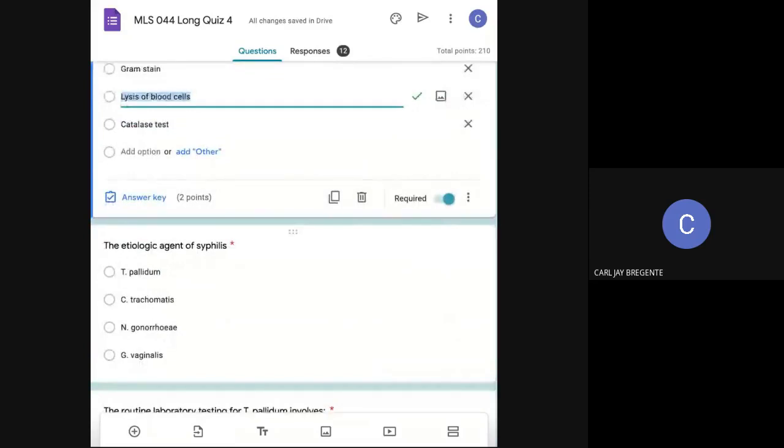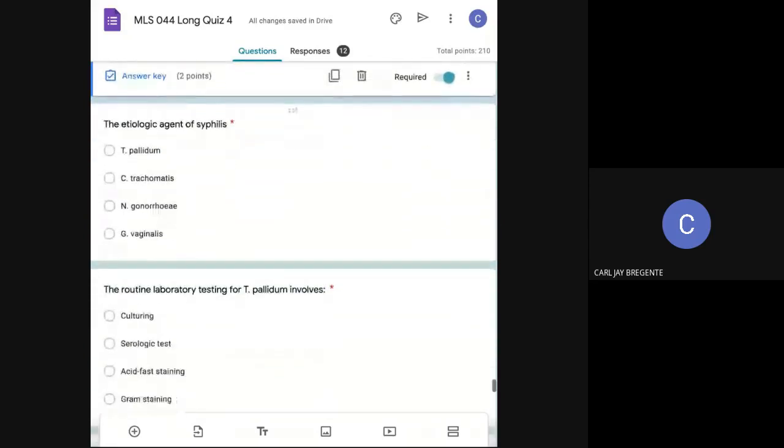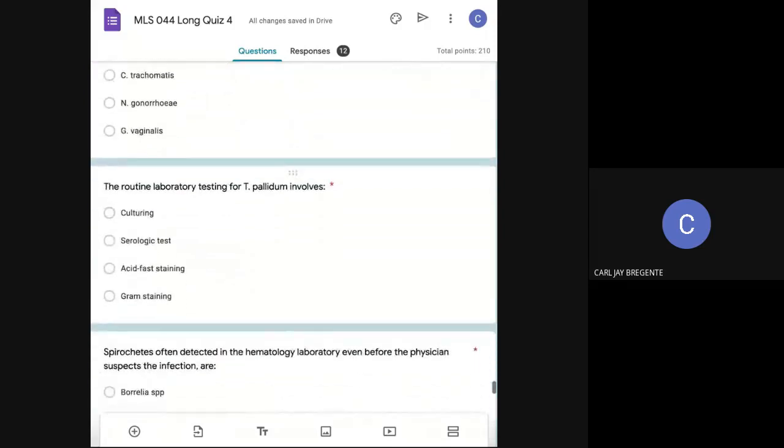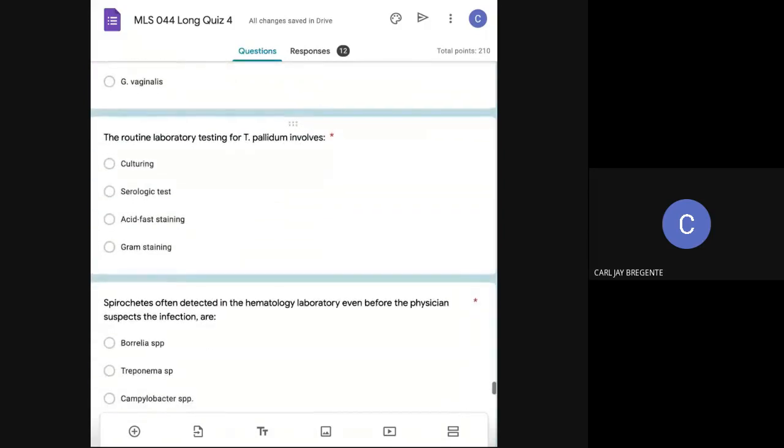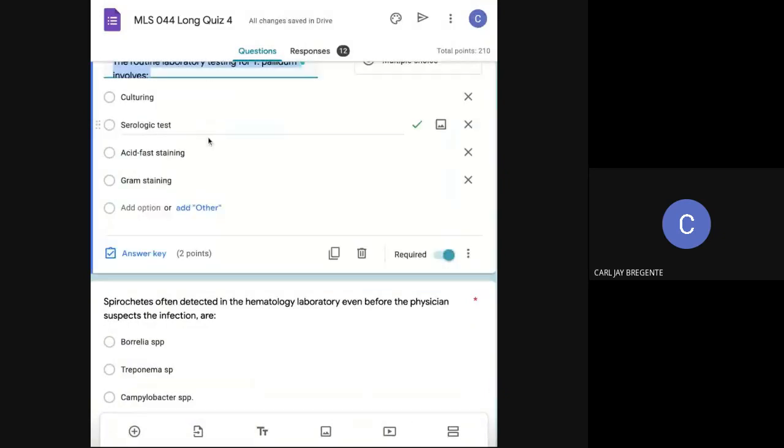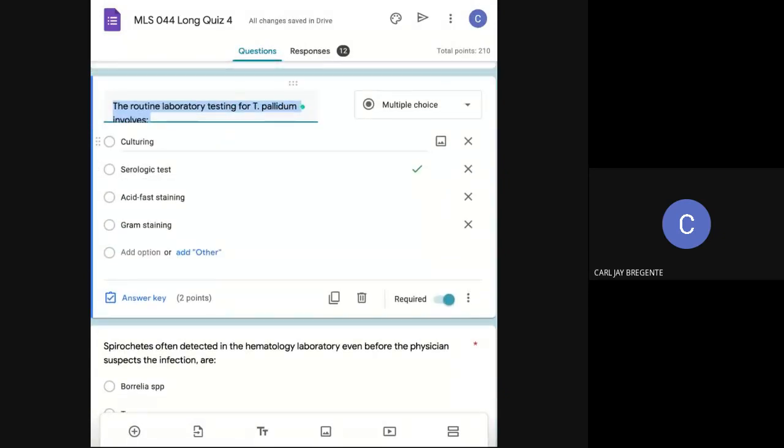Etiologic agent of syphilis. So you have your T. pallidum. The routine culture for T. pallidum involves serologic testing. Since T. pallidum is an intracellular type of organism, culturing is not a choice.